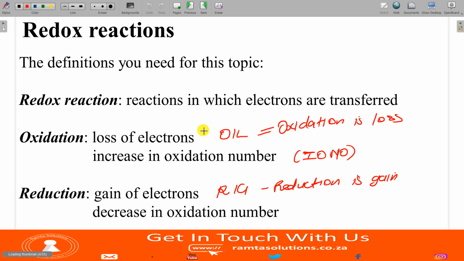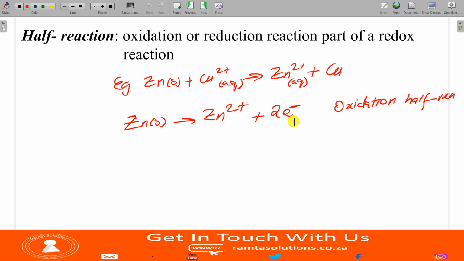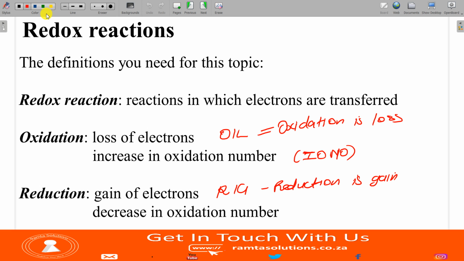Why? You have lost electrons. In other words, electrons are on the product side. Electrons are on the product side.